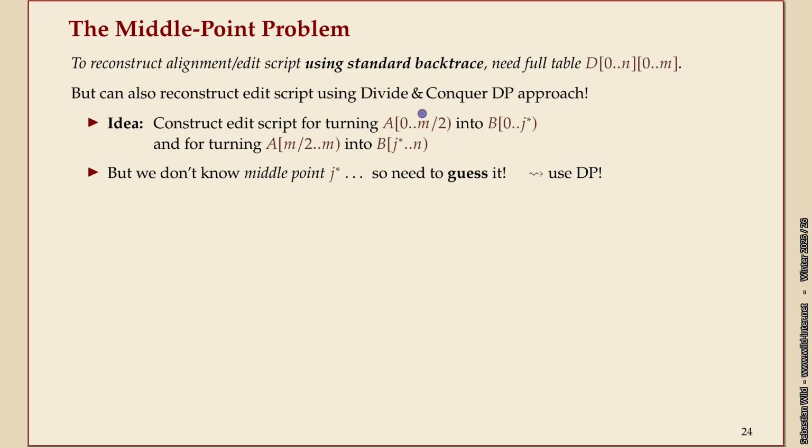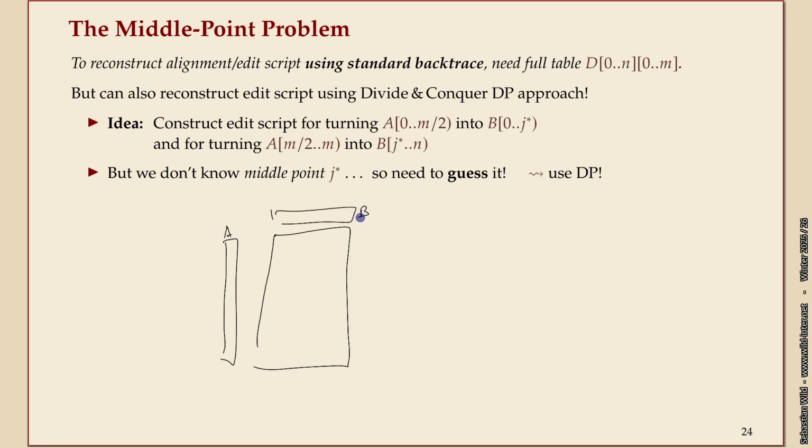So I can try to cut A in half. So I'm going to have my table. Here's A, and there's B. I'm trying to find the optimal path from top left to bottom right, which is some walk here down, something of that sort.